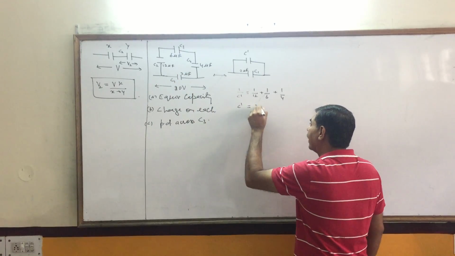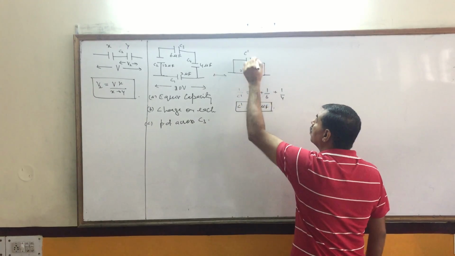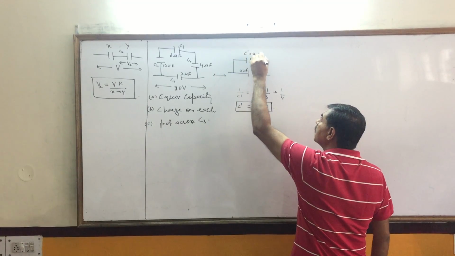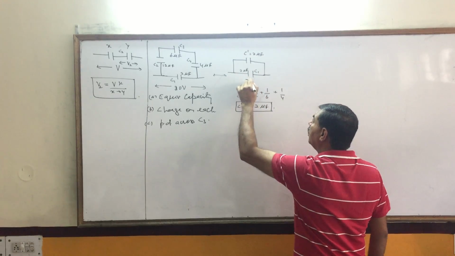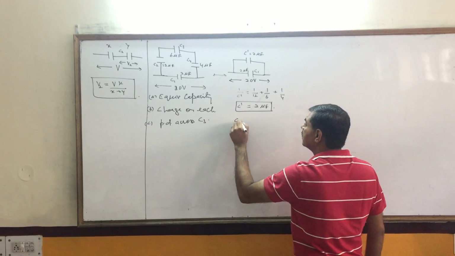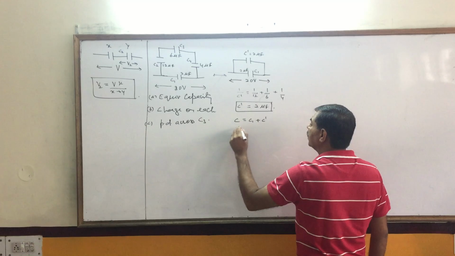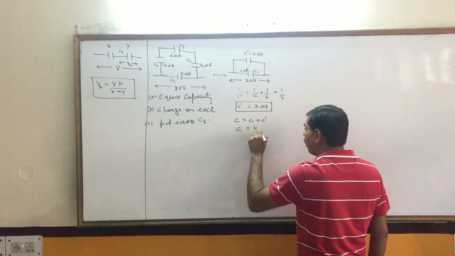So C dash is 2 microfarad. So this is now 2 microfarads and 20 volts. The equivalent capacity is C, which is C1 plus C dash, which will be equal to 4 microfarads.